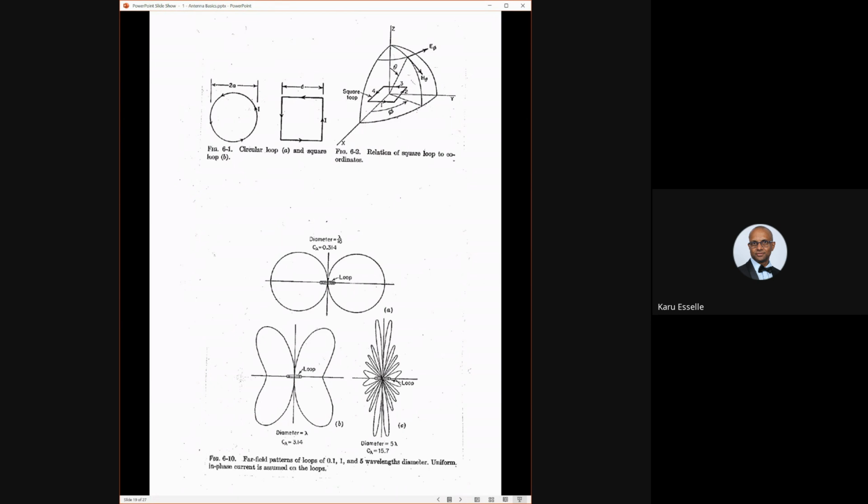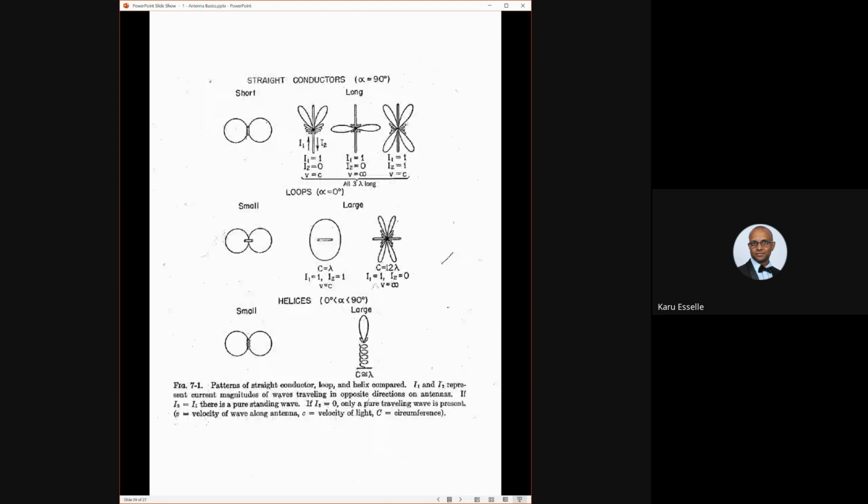When the loop becomes larger, this is a loop with the diameter of lambda. It has more complex radiation patterns, and when the loop becomes very large, like 5 lambda, you get a lot of lobes, multiple lobes. But a loop is another popular basic antenna.